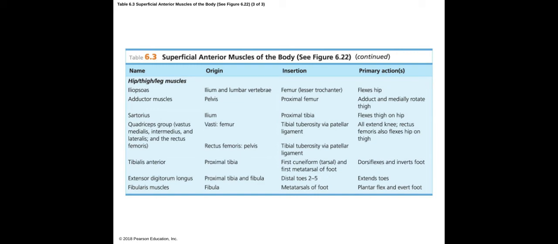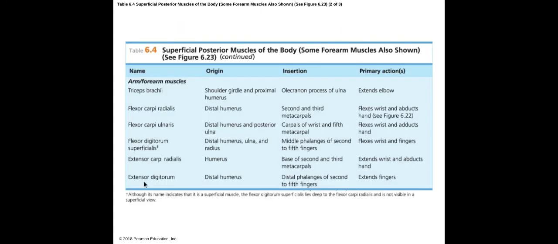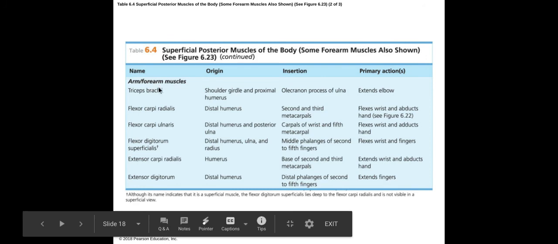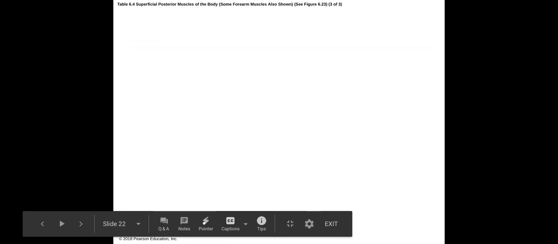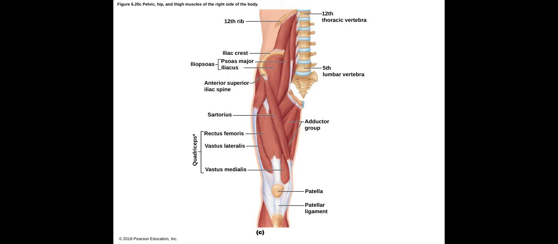This is the hip, thigh, and leg. If you look at the tables, arm and forearm, they're specified. Okay, part of the leg. This is just showing your 12th rib and everything. So it's kind of like working its way down. The iliopsoas has a couple different muscles in there, but both of these would be the iliopsoas.